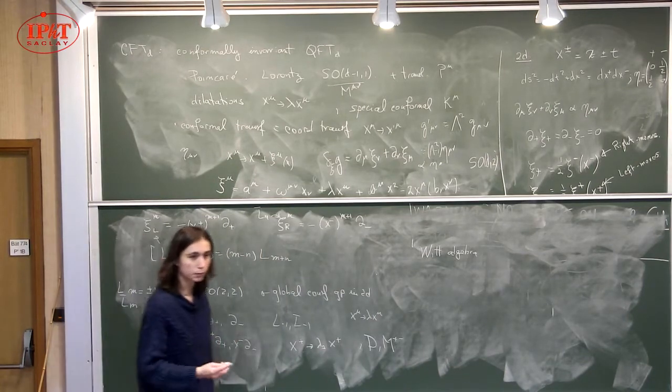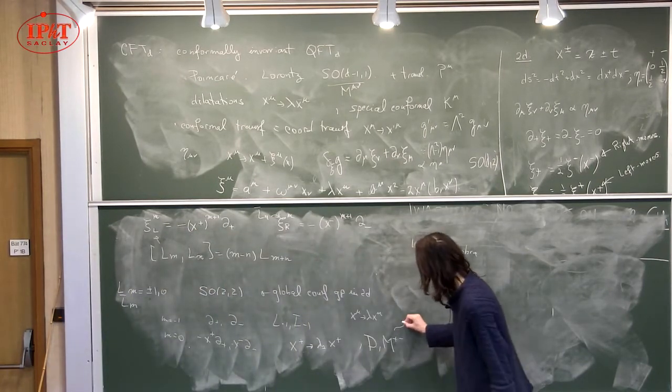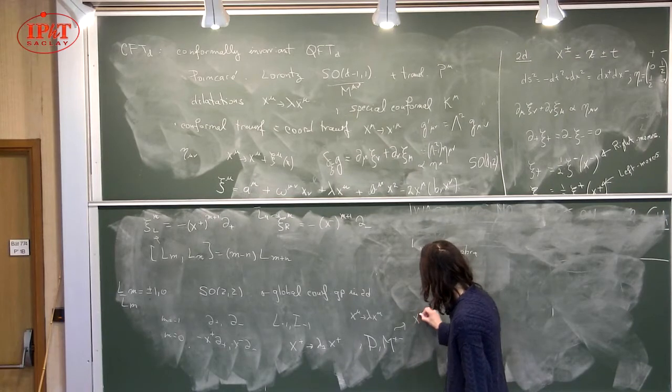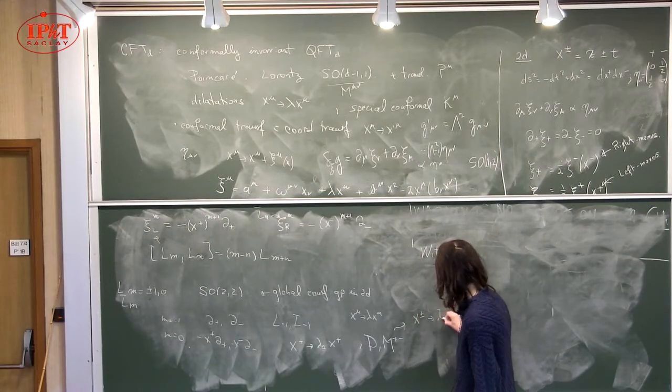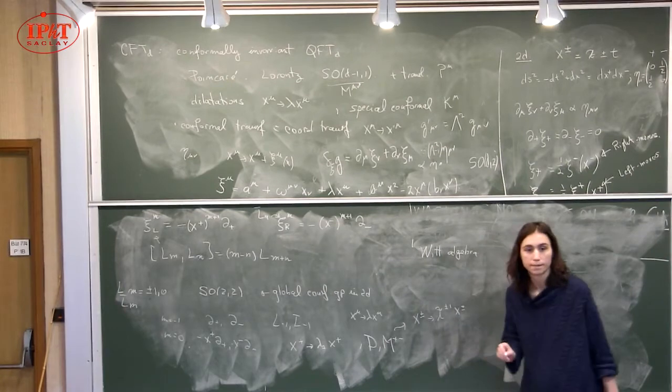Whereas the Lorentz group, the way it acts on the light-like coordinates is by x plus minus going to, say, lambda tilde plus minus 1 times x plus minus.